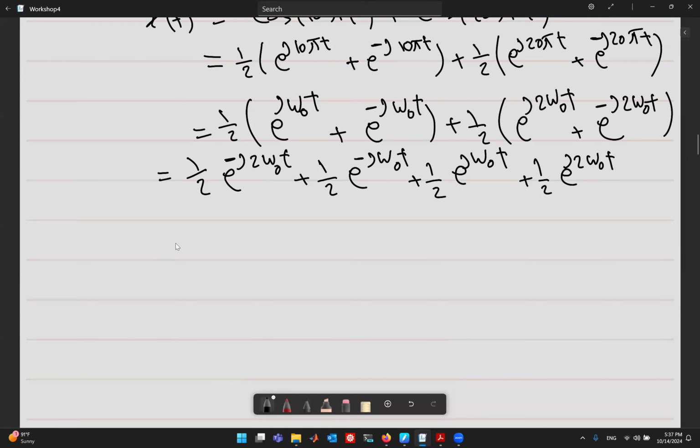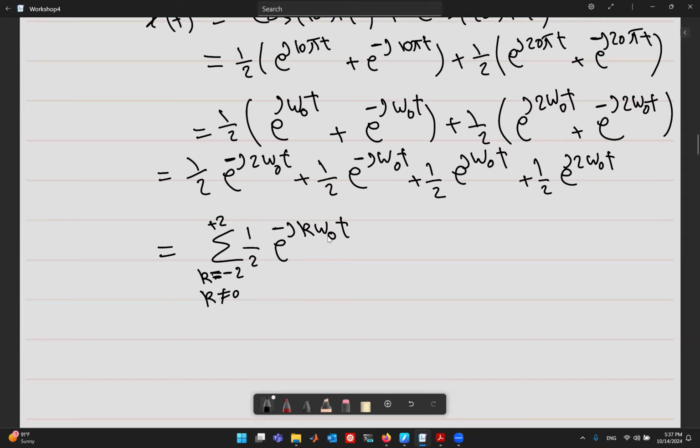And this can be written as a summation of one half exponential j k omega naught t, where k is from -2 to +2, and k is not 0, right?